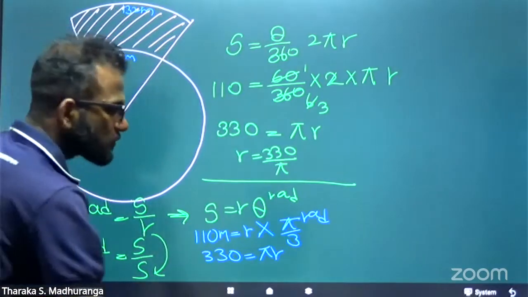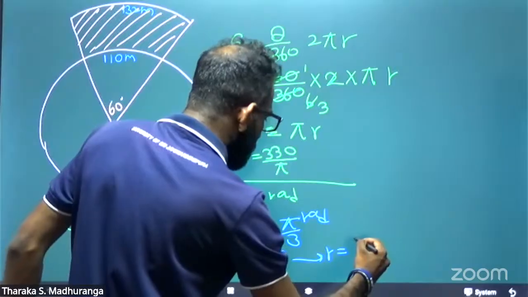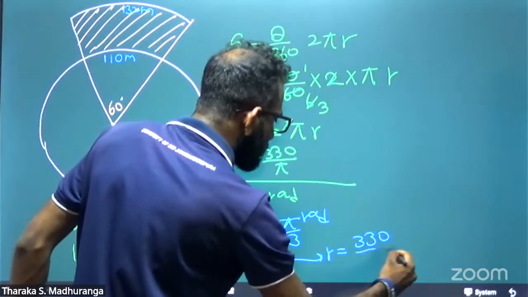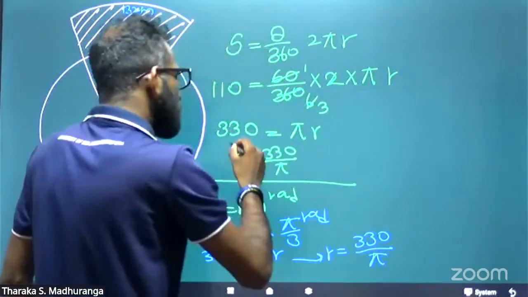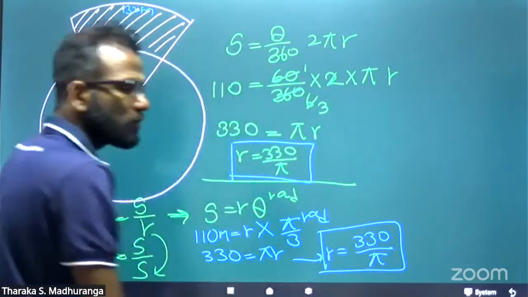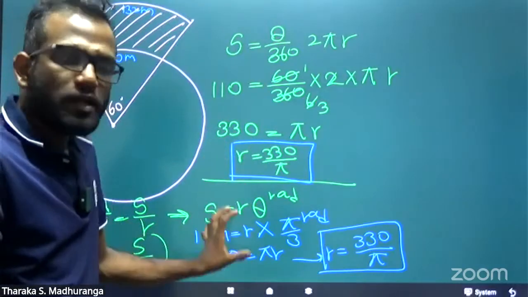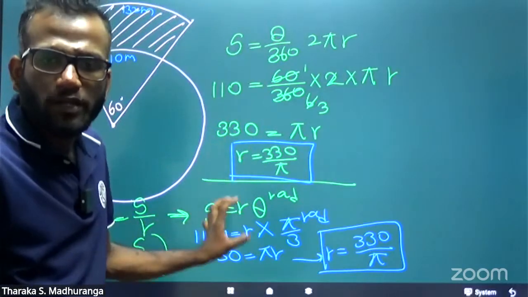Then you can isolate r: r equals 330 over pi. See, with both methods you get the same answer for r. You don't need both methods, you can use whichever method.